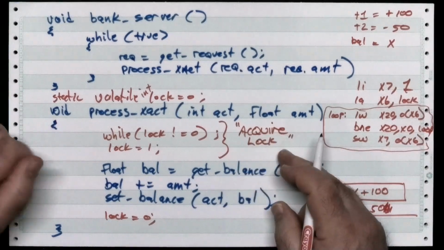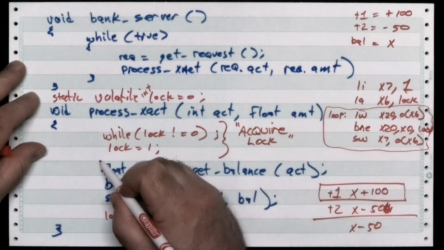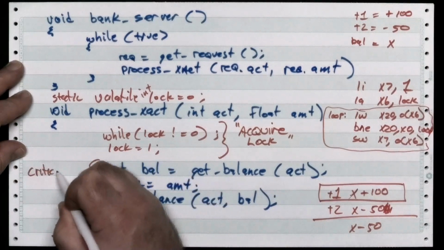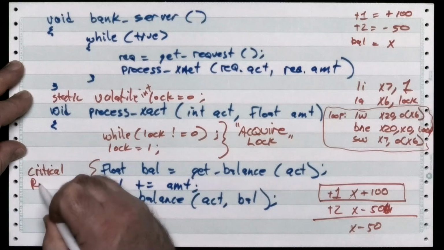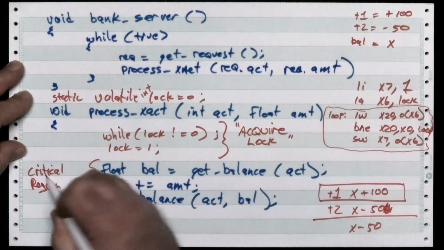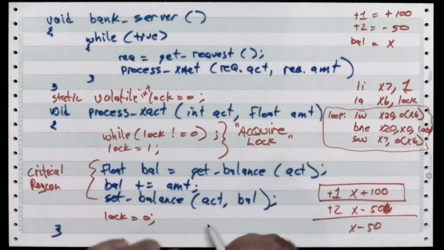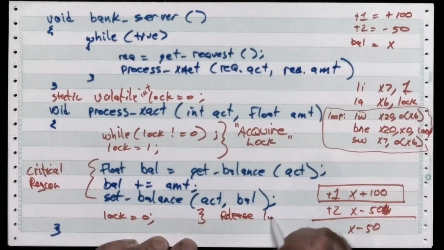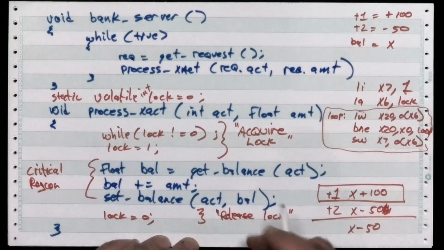We then have code here. This is what we call the critical section, our critical region. And then we have the release lock code down here.